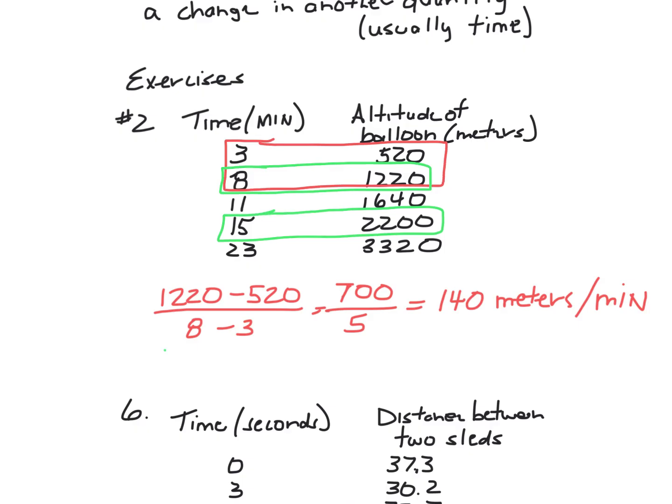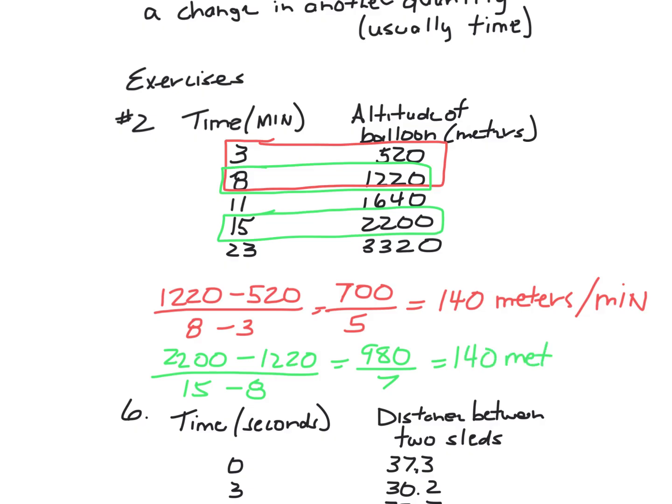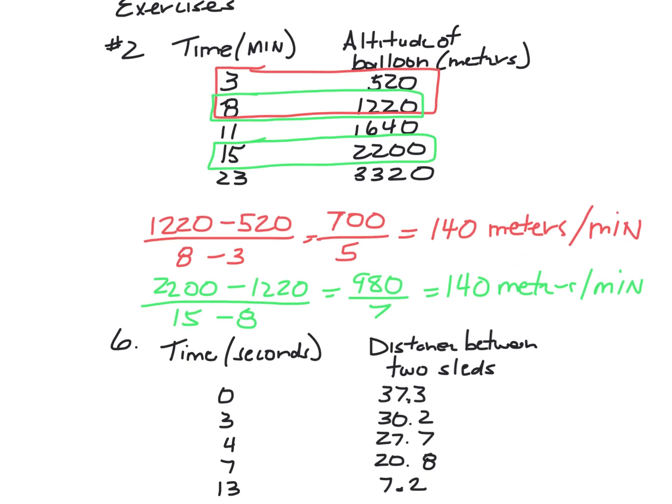Our change in altitude is 2200 take away 1220, which gives us 980, I believe. The change in time, going from 8 to 15, is 15 minus 8, exactly 7. And 7 goes into 980 exactly 140, so it'd be meters per minute. If all of these different times are consistent, then it's a linear relationship.